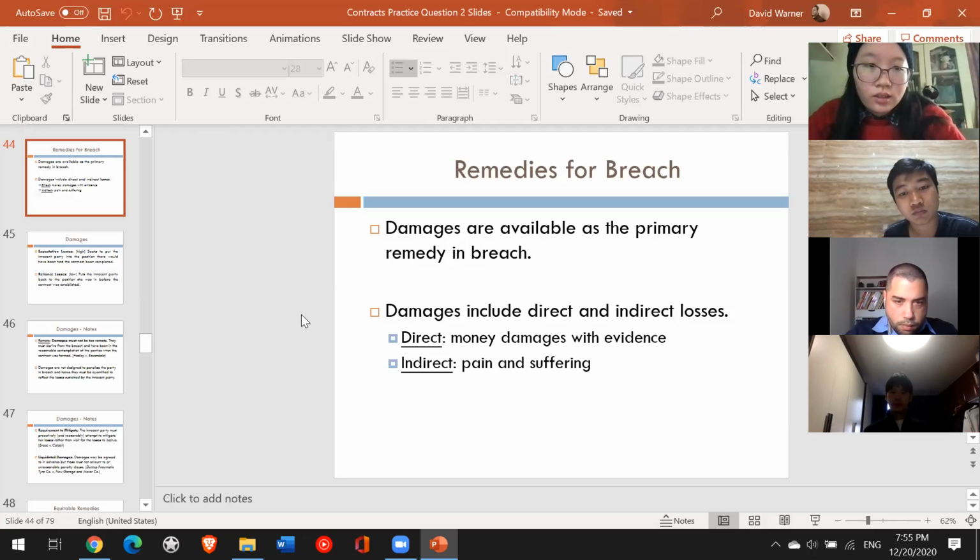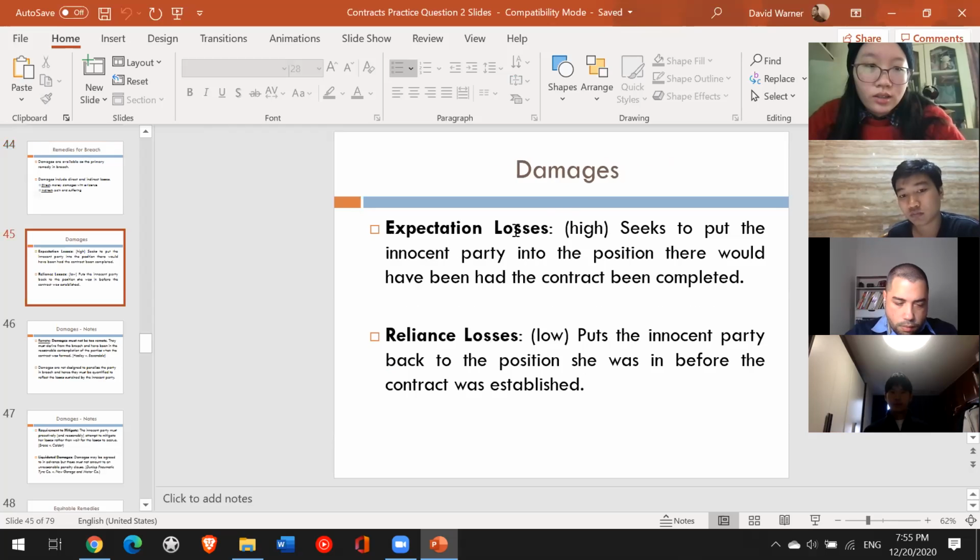Now this case doesn't really have expectation versus reliance. This is an important thing to know because there's a very good chance I'll ask about this. So expectation versus reliance, this is only for a case where someone is selling things. Meg is not selling the sofa.